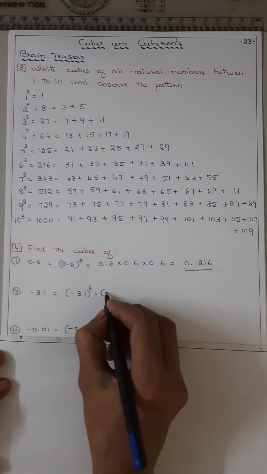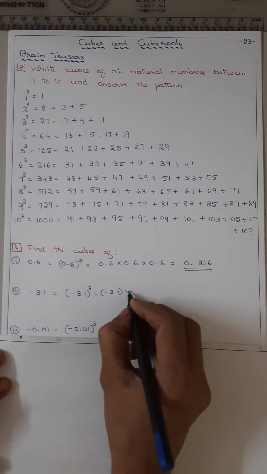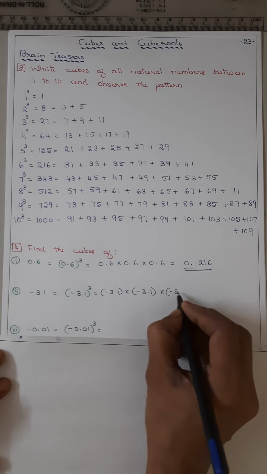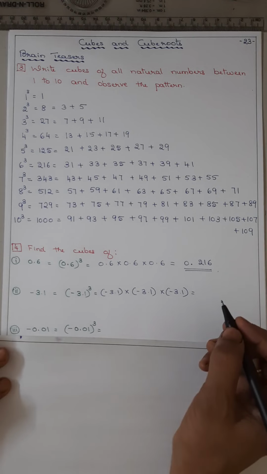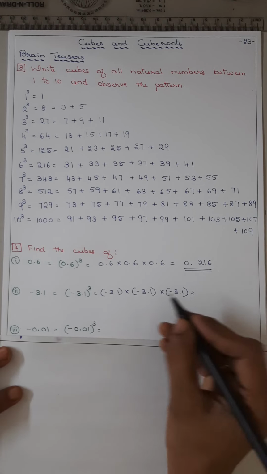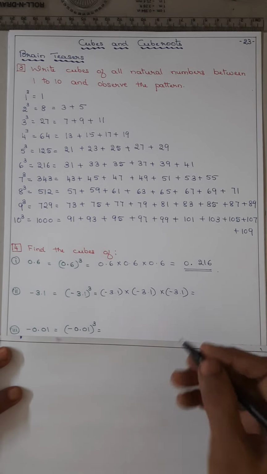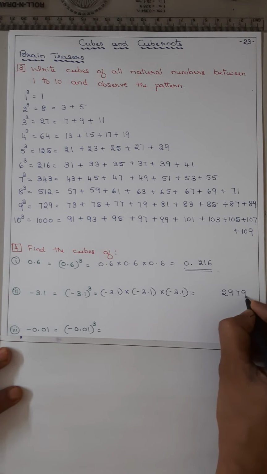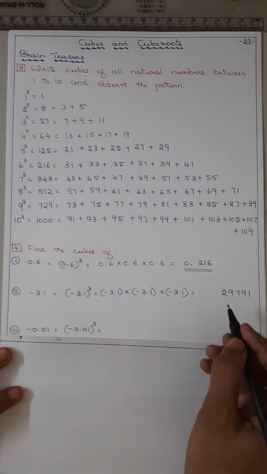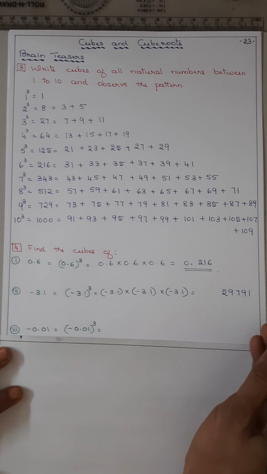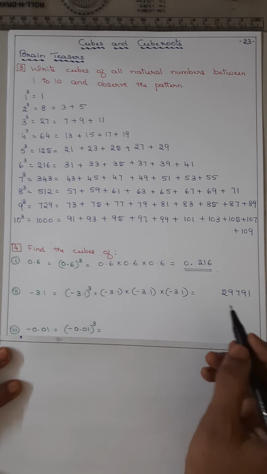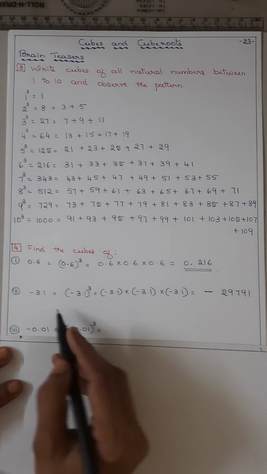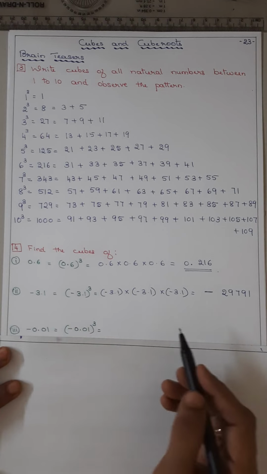Now minus 3.1, minus 3.1, minus 3.1. When you multiply, the answer is 31 cube, which is 29791. The sign is minus because the cube of a negative number is negative.